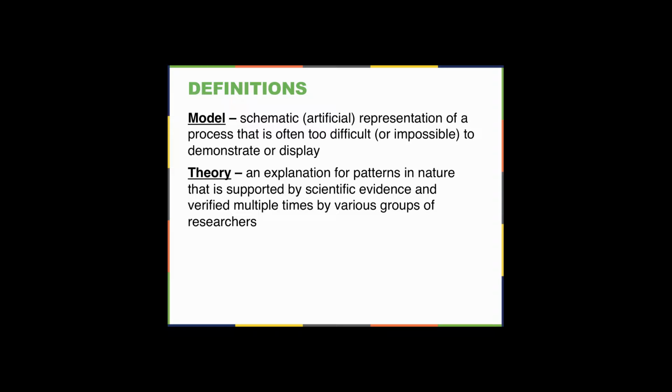And it's important to understand that for a theory to be accepted in science, it's generally been verified many times in various different groups and with various different research institutions. So when you say something is a theory, you're not in some way saying that it's unstable or that it's a possibility.